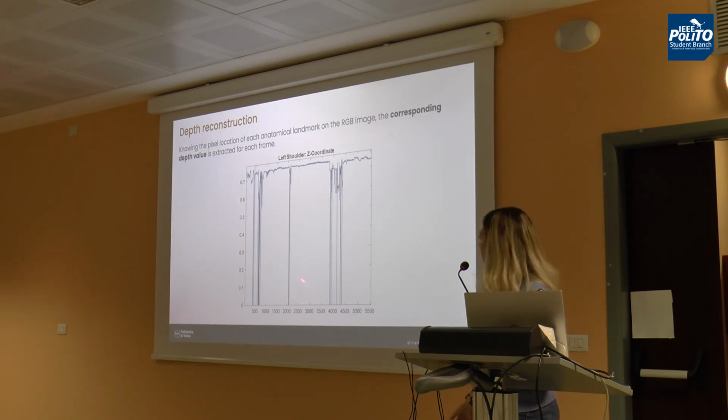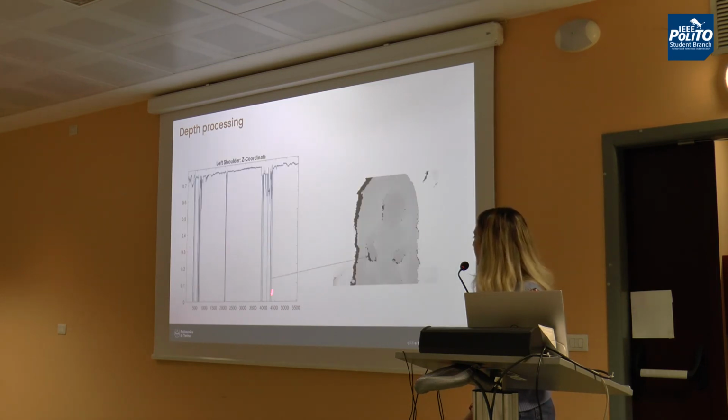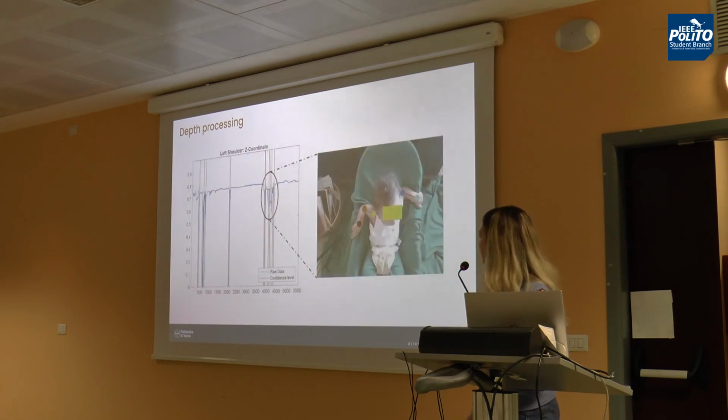We can notice that in the original depth there are some artifacts. The first artifacts are the zeros due to the presence of this black area, so during the movement a marker could fall on one of these black points. The second and most important problem is the occlusion: for example, in this case, the left shoulder is covered by the head of the patient.